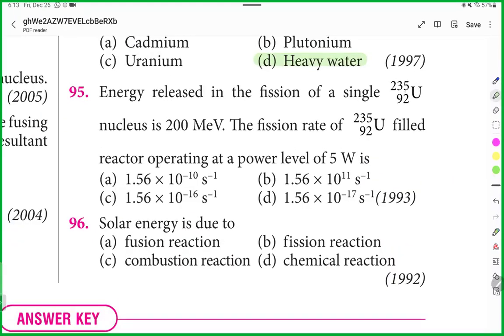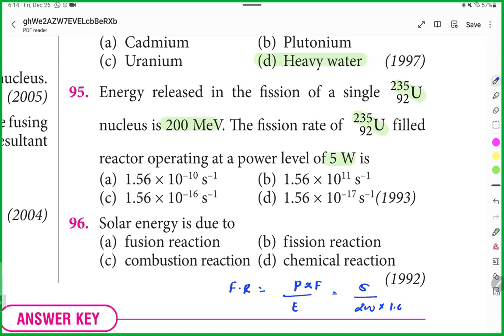Next. Chandana, uranium fission rate of a uranium-filled reactor operating at a power of this is. So what will be the fission rate, breakdown rate? So fission rate will be equal to total power by energy per fission, because that's how you calculate fission rate. Power is 5 and this is 200 mega electron volt.